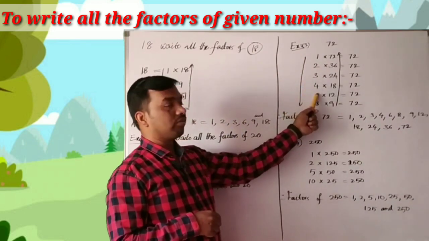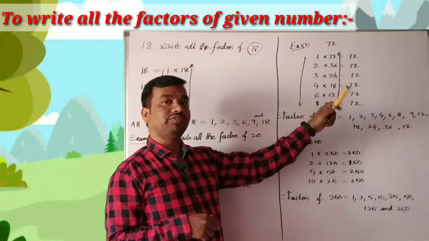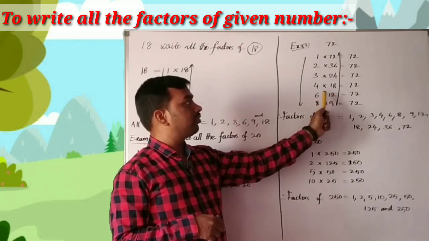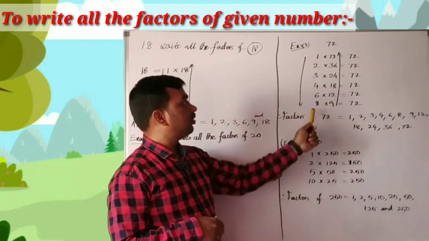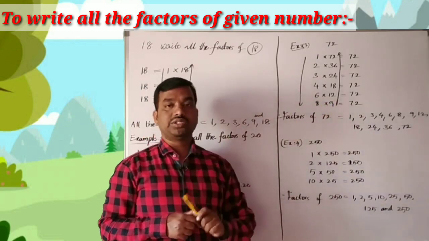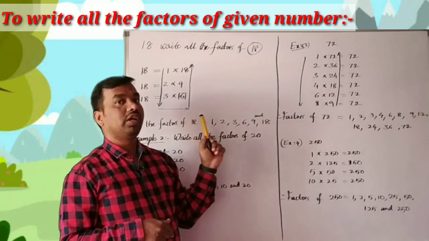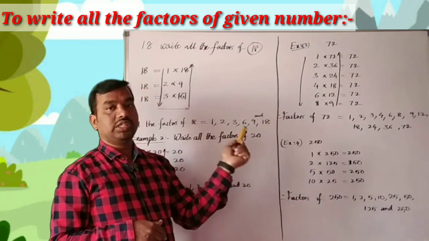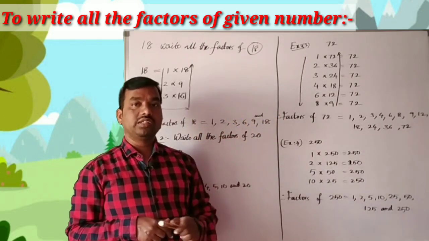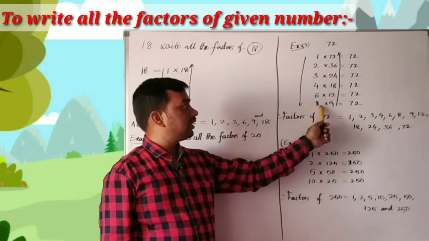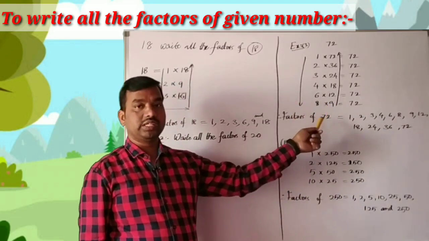And next 4. 4 18s are 72. And 6 12s. That means 12 6s are 72. And 8 9s are 72. In the 7th table we can't get 72. And after 8 we should take 9. 9 8s are 72 is repeating here.